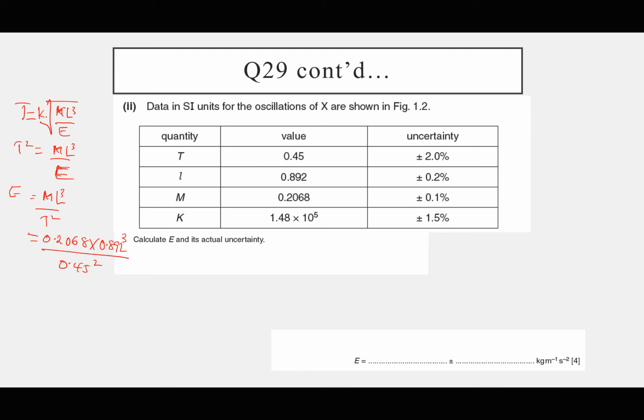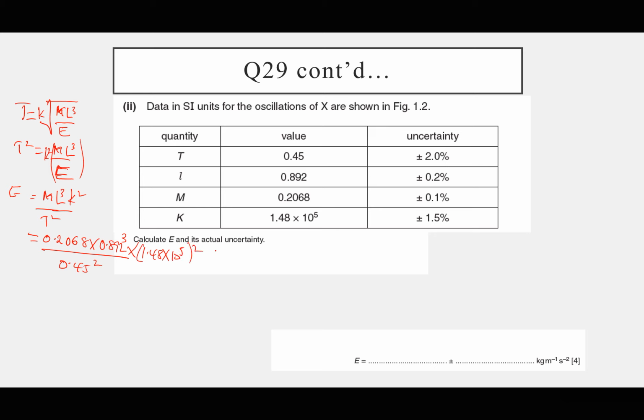So when I square, K is also squared. Then when I divide, K remains there squared, so I'll multiply by K squared. And K is 1.48 times 10 power 5, but this is squared.